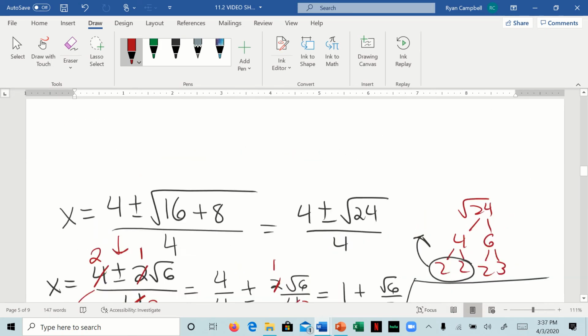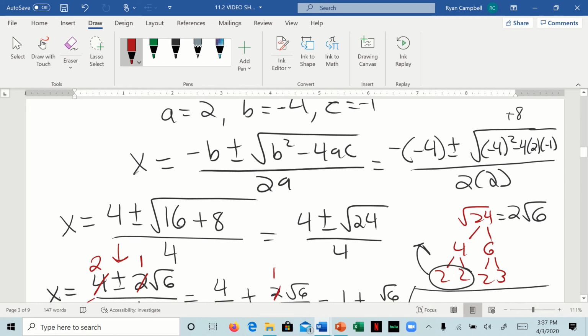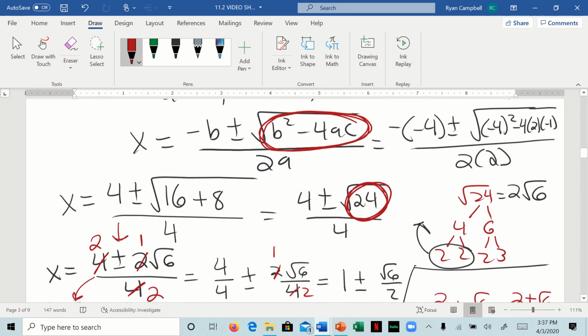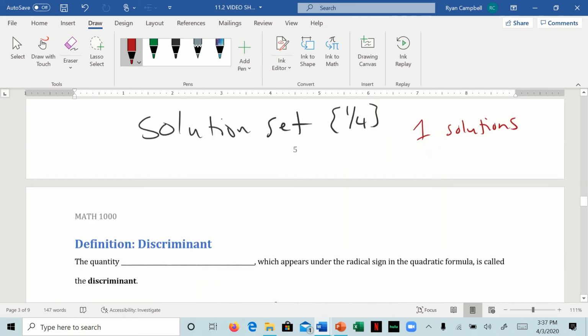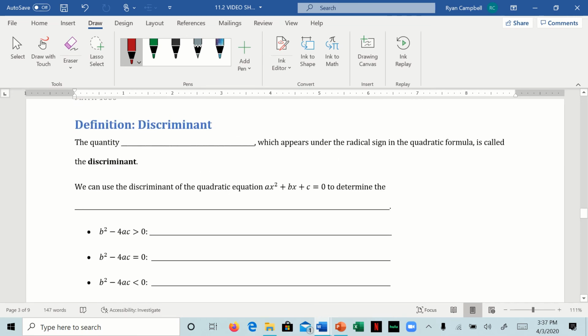So how did you know you had 2 solutions? Inside the radical, you have a positive number. So depending on what b squared minus 4ac is, that will determine how many solutions we have. And that thing is called the discriminant. The discriminant is just that inside part, b squared minus 4ac.